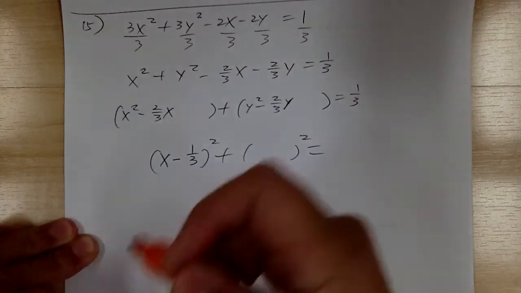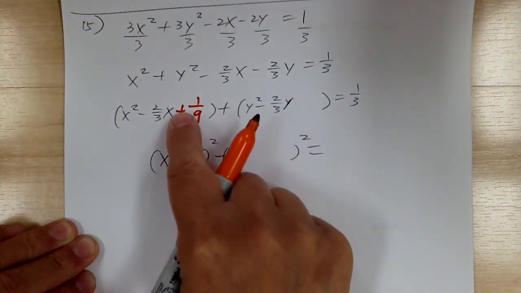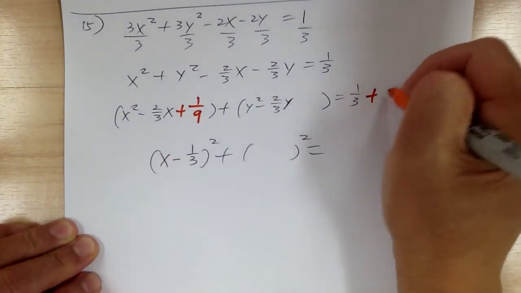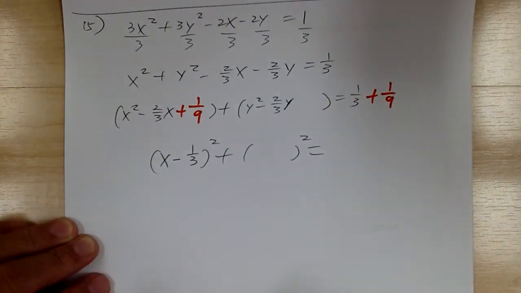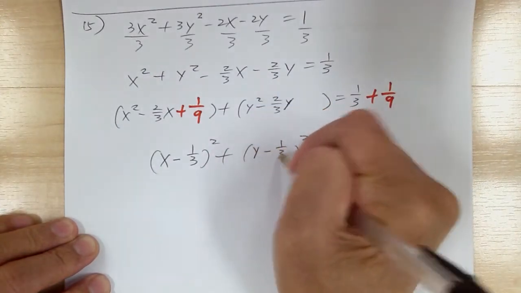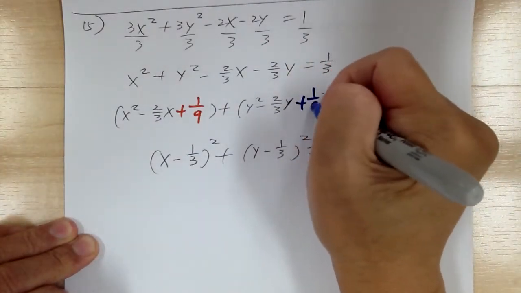So for this one you need to get plus 1 over 9, right? Negative squared gives you positive. 1 squared gives you 1, 3 squared gives you 9. So plus 1 over 9. The next one you're going to get y minus 1 over 3 again, so this is going to be plus 1 over 9.